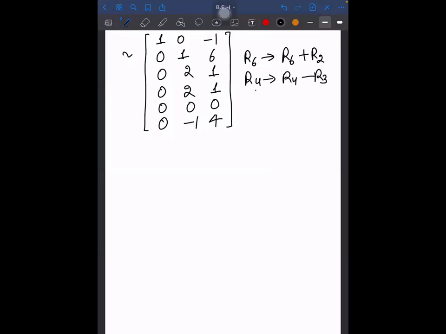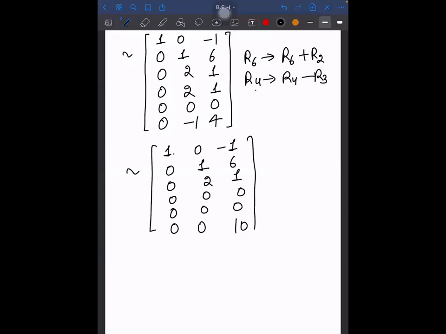So you are left with 1, 0, minus 1, 0, 1, 6, 0, 2, 1. So now you get 2 zero rows, right? And the last one is 0, 0, and 6 and 4, 10. Yes. Is it fine?